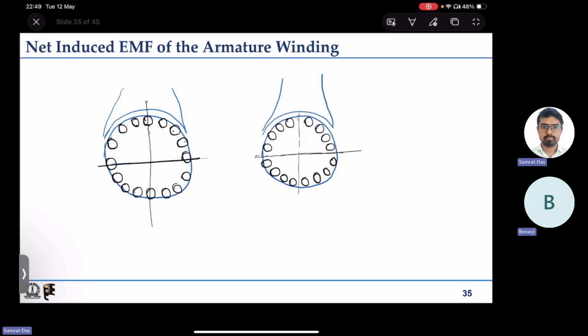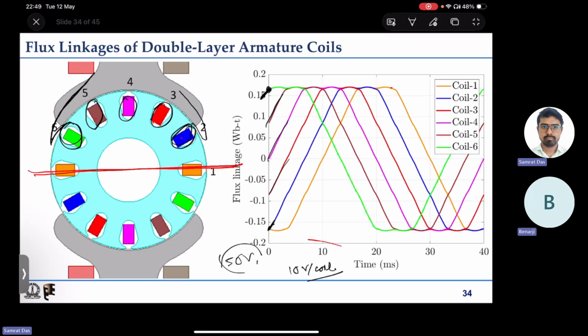Sir, I have a request. You have shown the time domain flux linkages. It would be better if you can show all the coil EMFs in the same plot, in the time domain itself, so that at every instant we can compute the EMF.